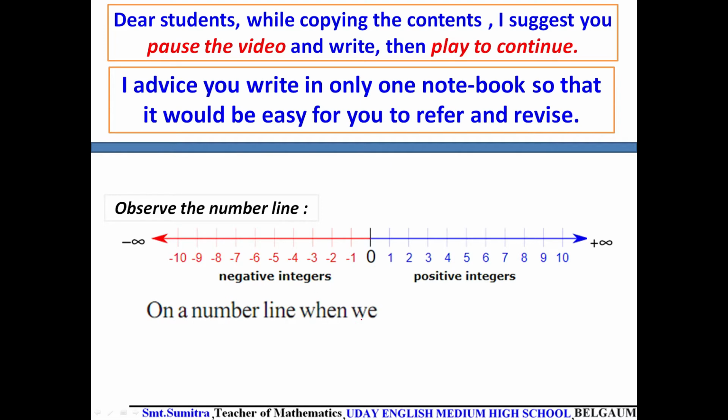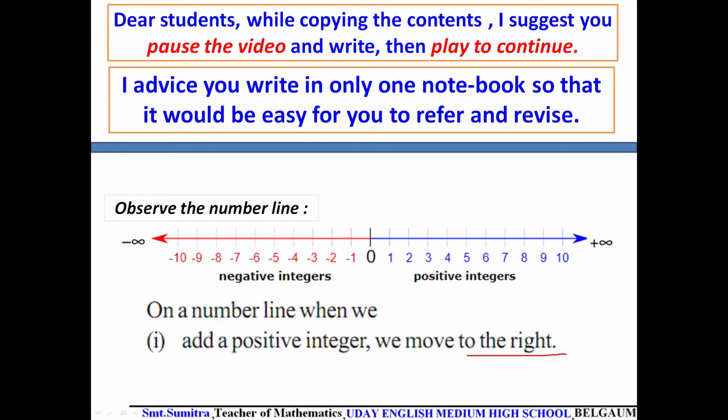On a number line, please note that when we add a positive integer, we move to the right side of 0. When we add a positive integer, we move right side of 0. Please copy the notes.